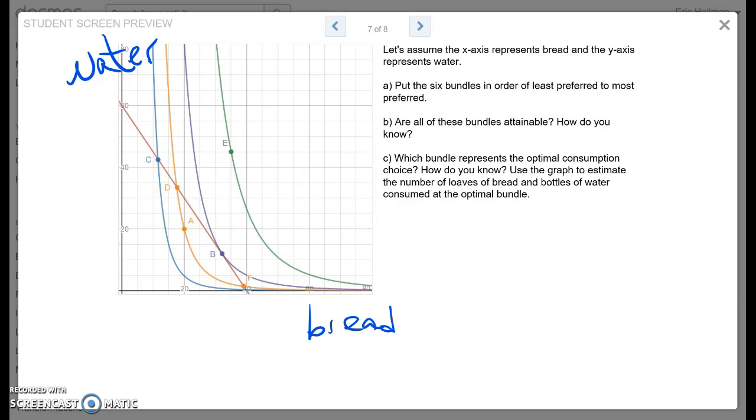And part C asks you to find the bundle that represents the optimum mix of bread and water that will make you the happiest, but that you can also afford. So go ahead, take a second to look at this, pause the video while you think about it, and the next slide will have the answers on it.